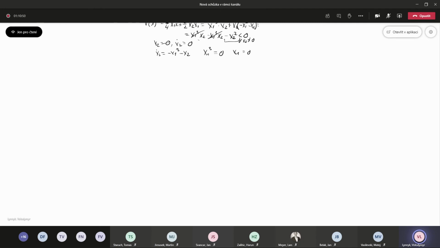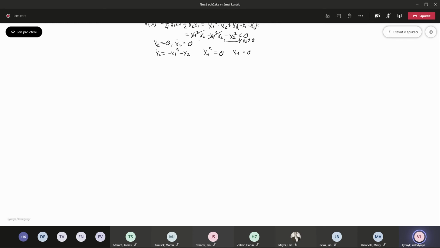Then we try to find the appropriate Lyapunov function. You have this method, I think this is the last one, and with this method we find our Lyapunov function.